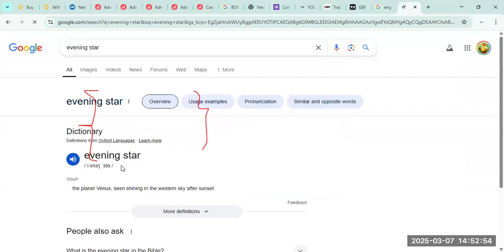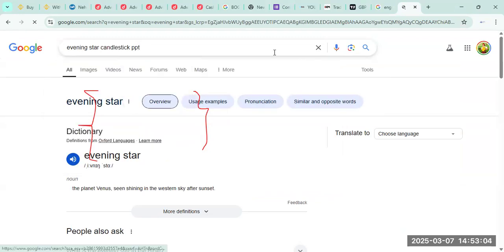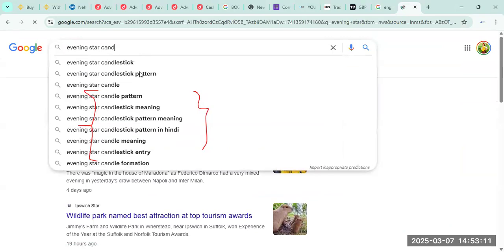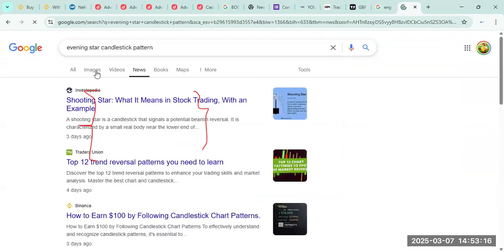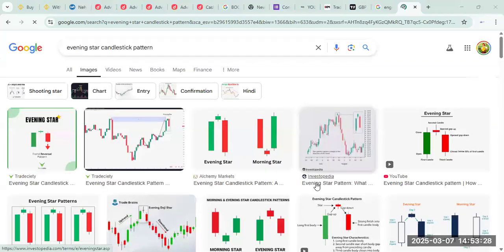Then you select candlestick pattern, and click on the images. Then you see them.